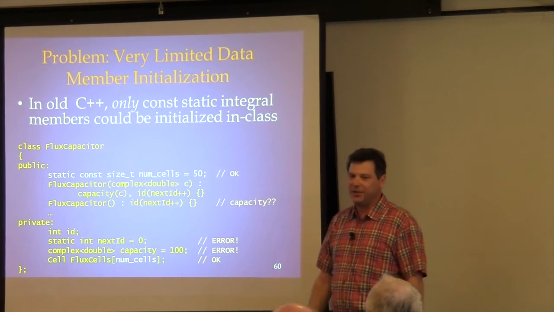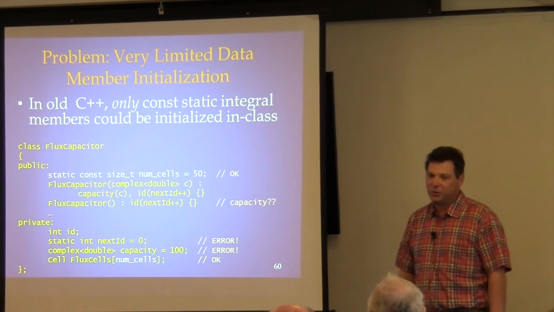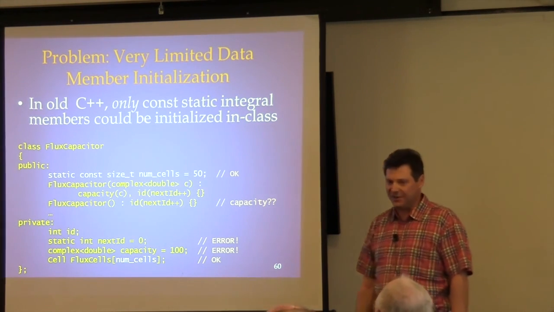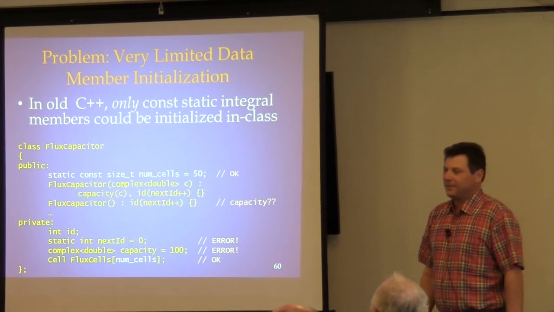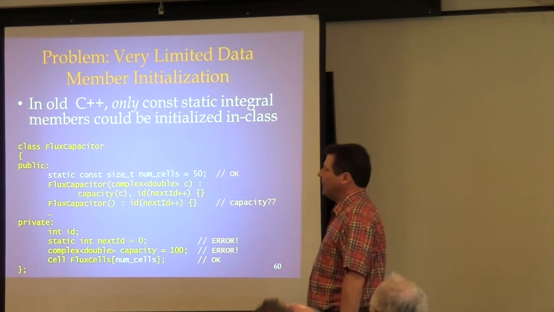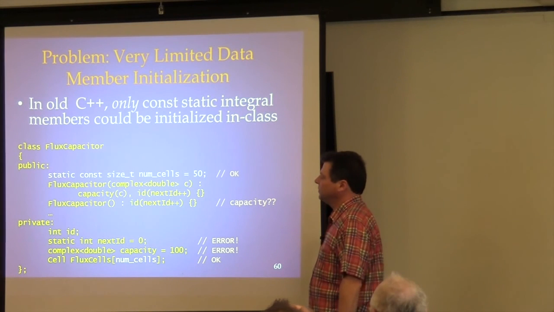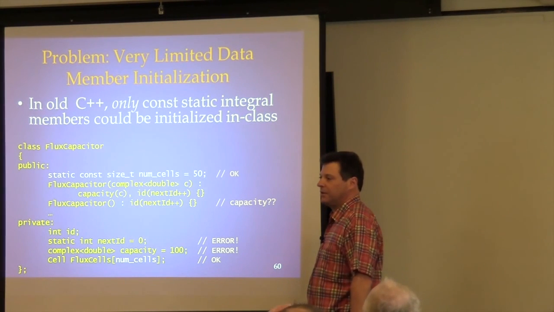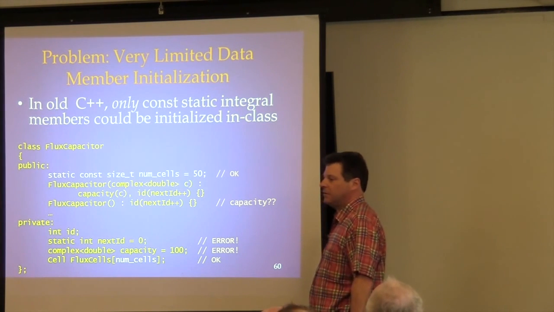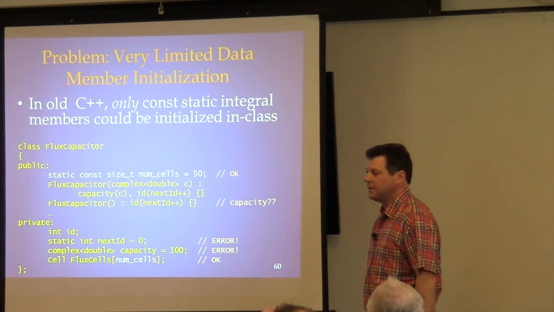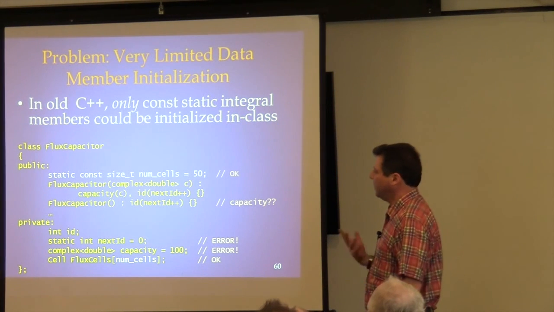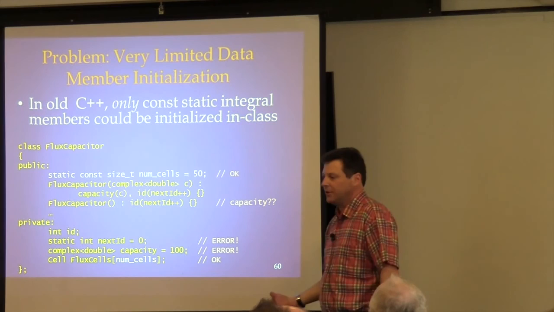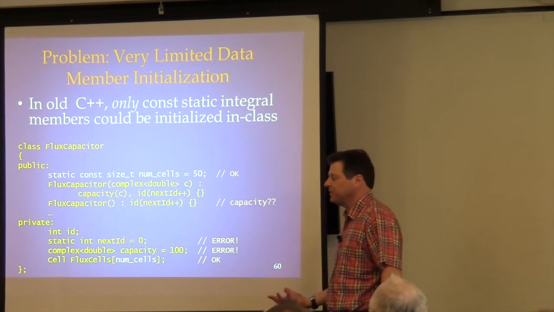Basically, and their relatives: bools, shorts, longs, ints, unsigned, unsigned longs. Enums too, a variable that is an enum type. That's an integral type. Okay, so it's in the family of integral types.